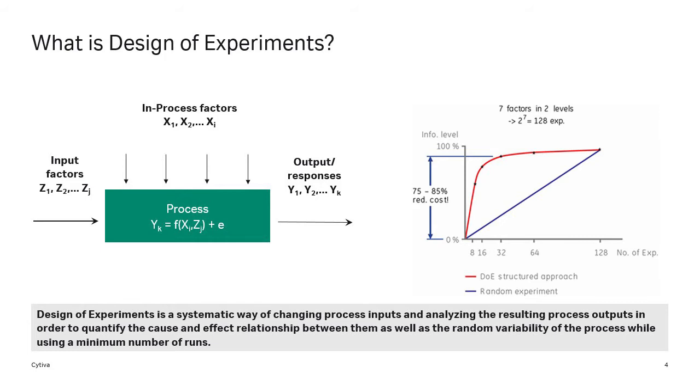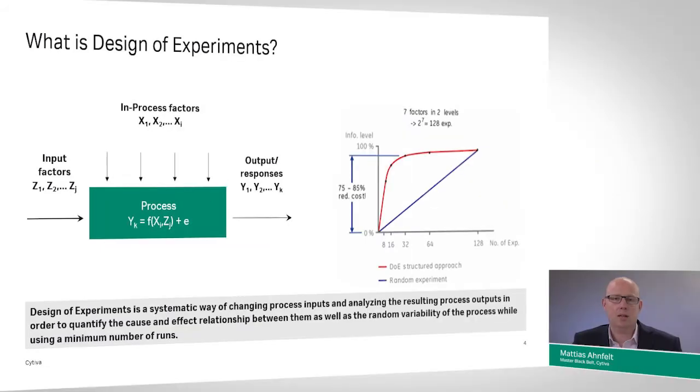And we would then measure a number of different process outputs or responses to describe the quality and the economical performance of our process. So DoE deals with quantifying how those responses depend on the process inputs.